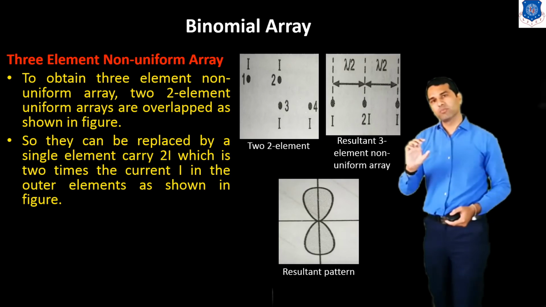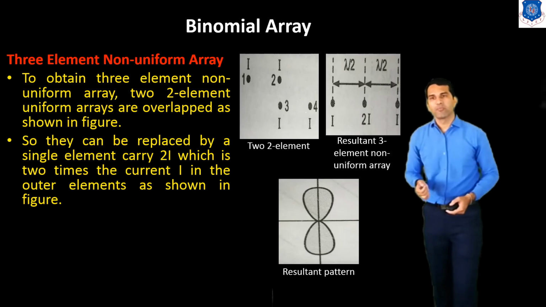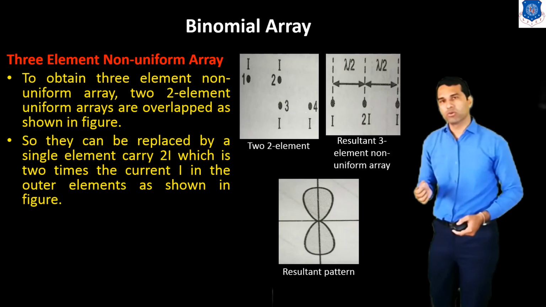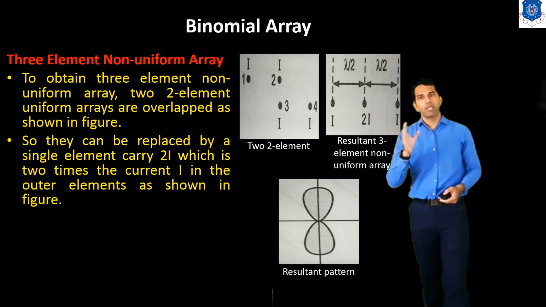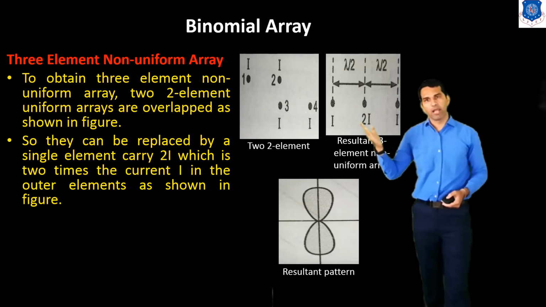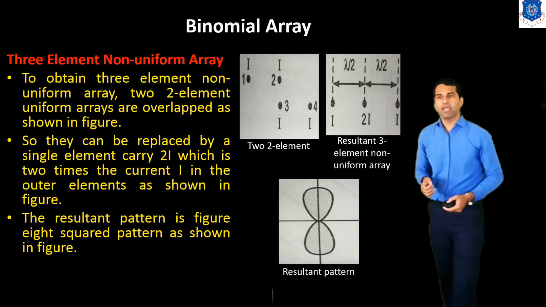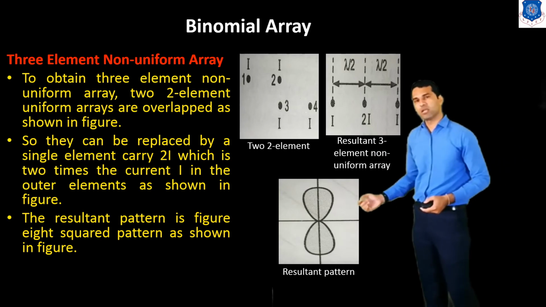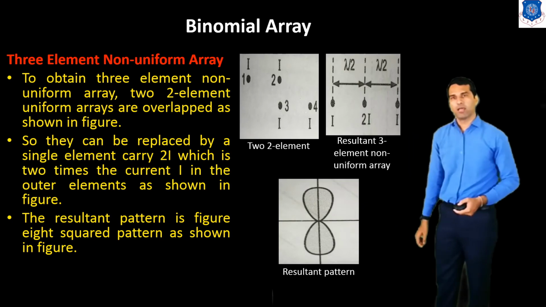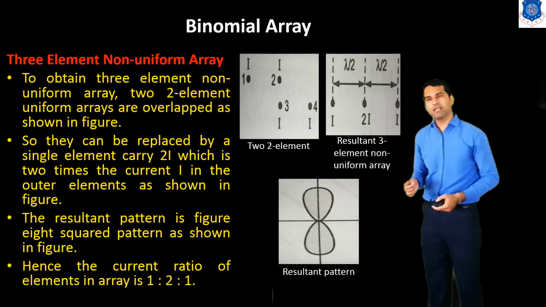That means the current has a magnitude of 2, which is 2 times the current I in the outer elements as shown in the figure. So instead of the separate currents for 2 and 3, we have given the current as a 2i magnitude. The resultant pattern is a figure 8 square pattern as shown in the figure, as we discussed in the previous slide. The current ratio of the elements we can write as 1 : 2 : 1.